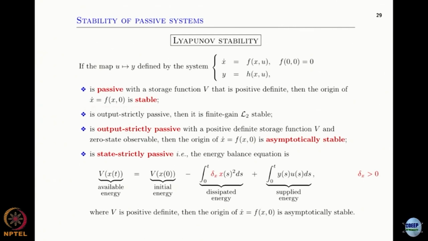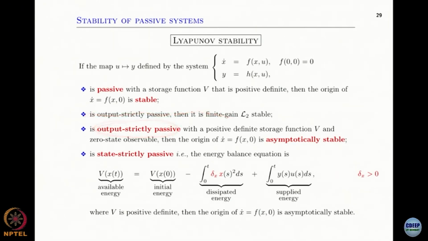Okay, so think of again the pendulum without friction. It will just be oscillating. That's a stable behavior. It just keeps oscillating, right? If there is friction, then we will have output strict passivity. I didn't speak about L2 and all that, so forget about this.